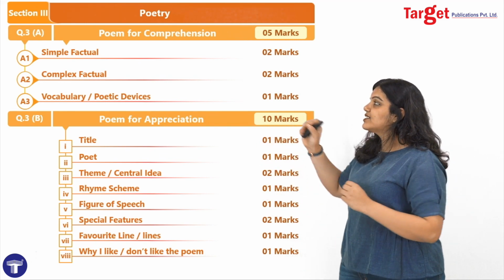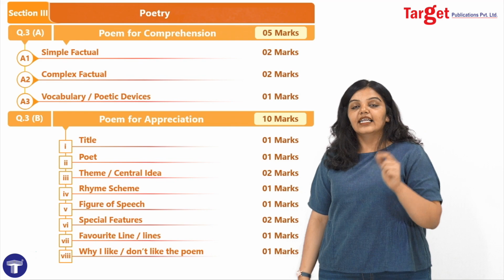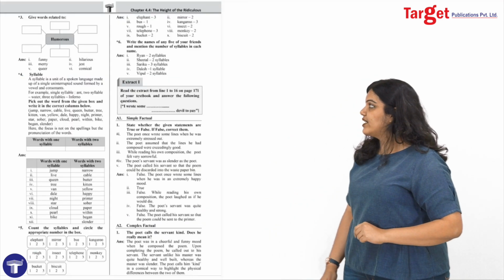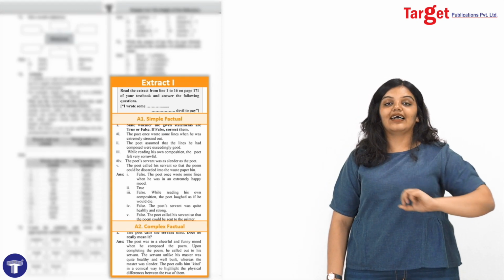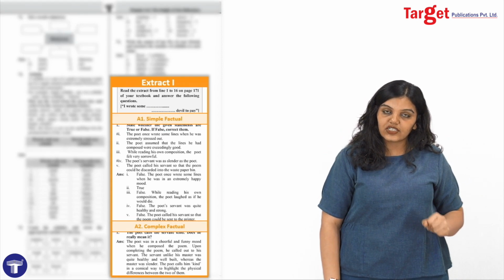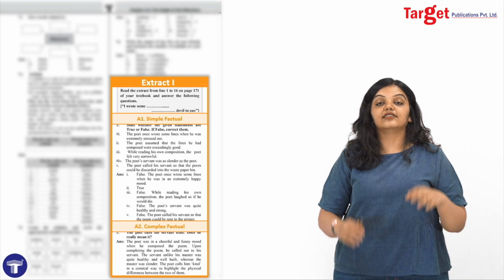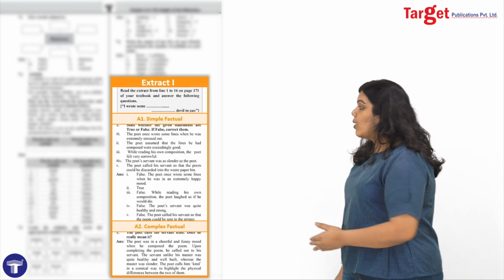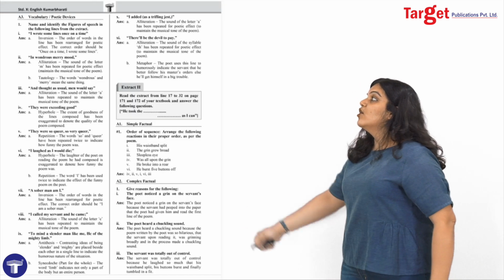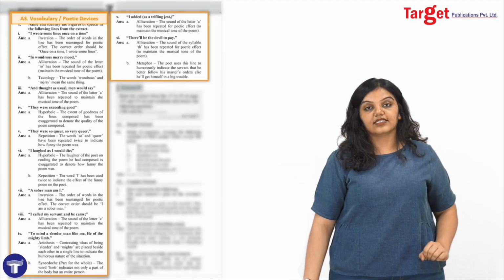Now, to deal with this question 3a and 3b, let's take a look at what we have provided in our notes. First of all, as you can see, even the poem has been broken up into extracts, and under each extract is the exact format that you need. That is simple factual questions, complex factual questions, and of course, vocabulary and poetic devices questions.